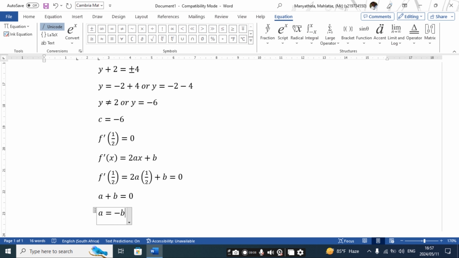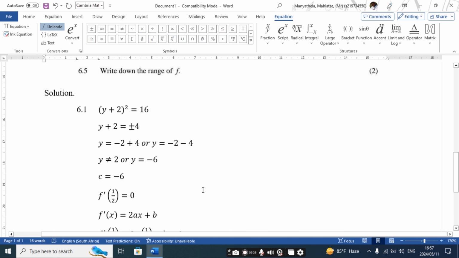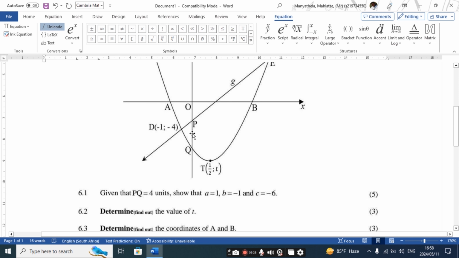Then we know that if the value of a is 1, then the value of b will be minus 1, because a is equal to minus b. So let this be my first equation.